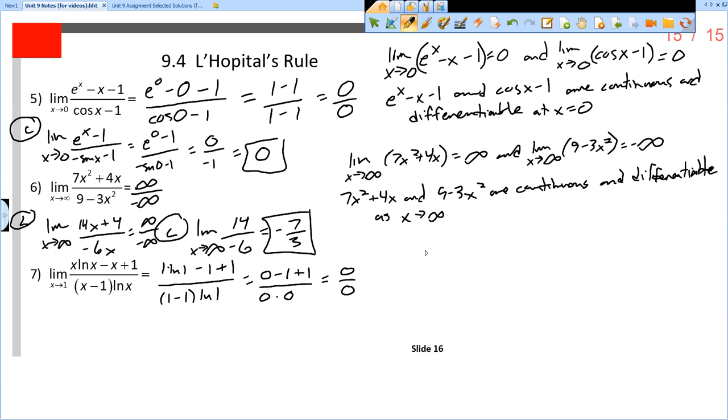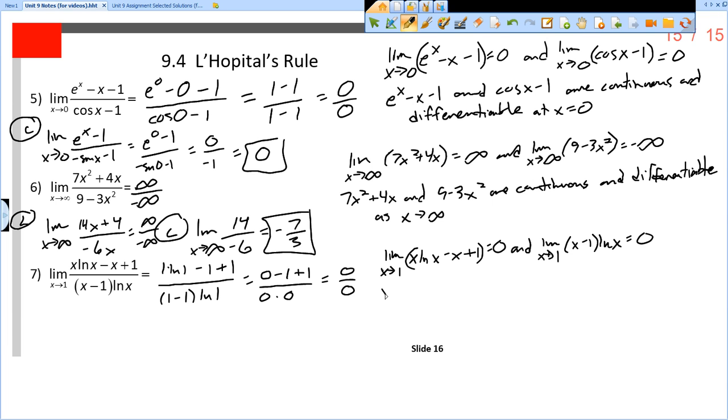And so what do we want to state? We want to state that the limit as x approaches 1 of x natural log of x minus x plus 1 equals 0, and the limit as x approaches 1 of the denominator x minus 1 times the natural log of x, that also equals 0, right? So we're looking to get 0 over 0, all right?